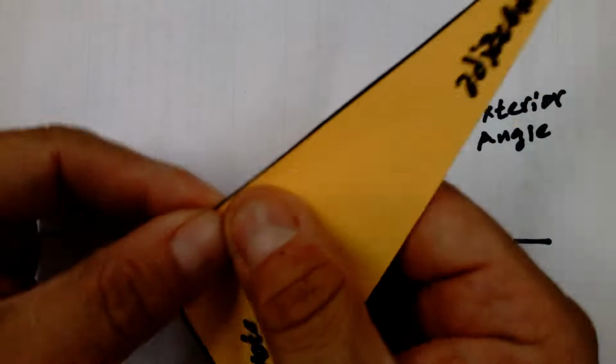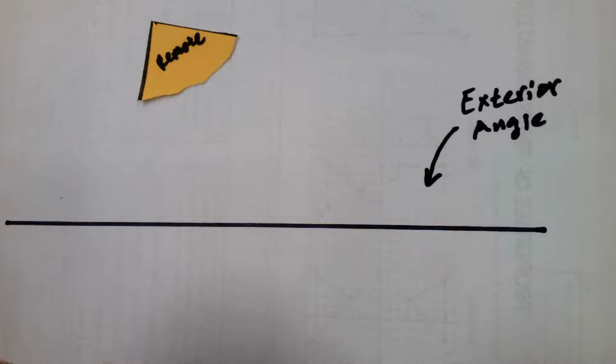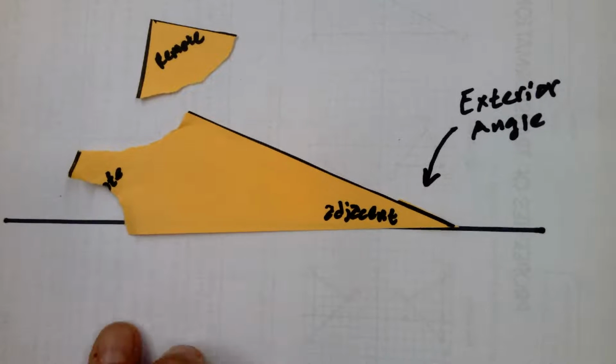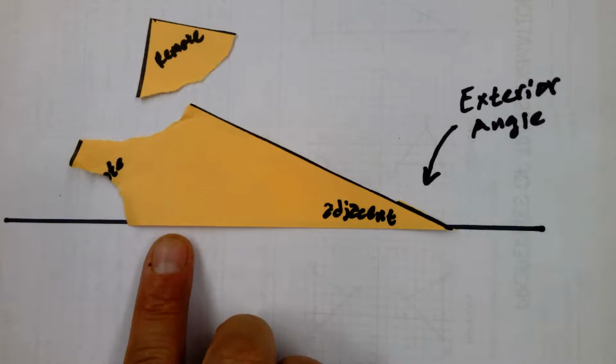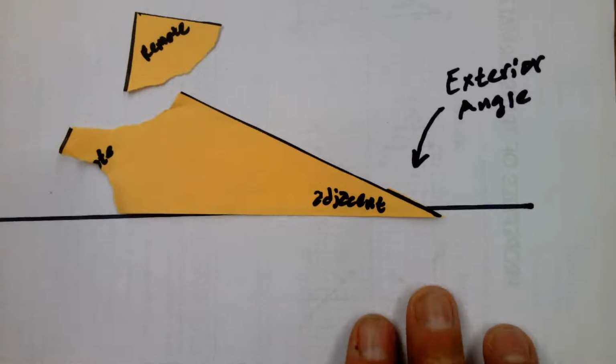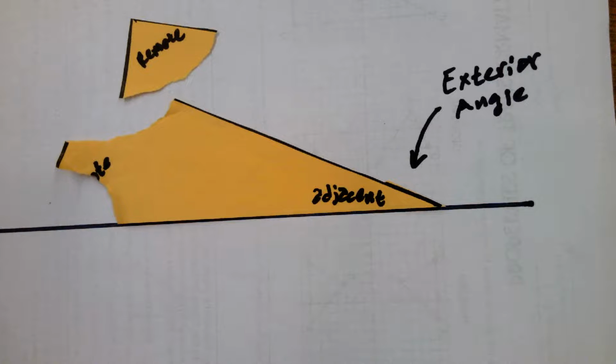And look what I'm going to do. I'm going to tear these up again. So I'm going to tear up those remote angles. Okay? And I want to line this up, line it up, lined up. Okay. And look what's going to happen.